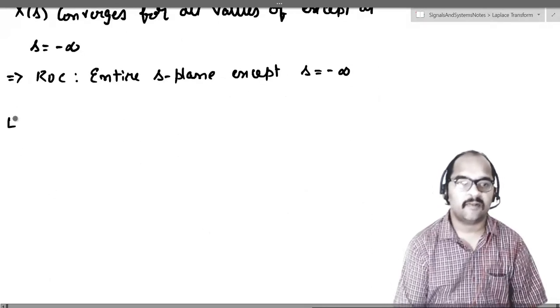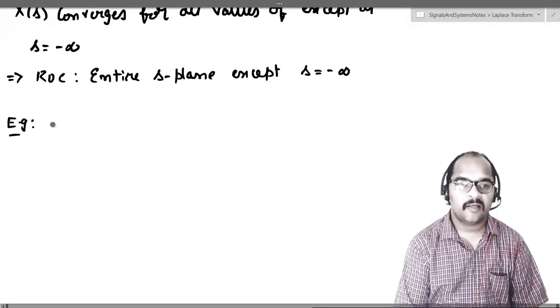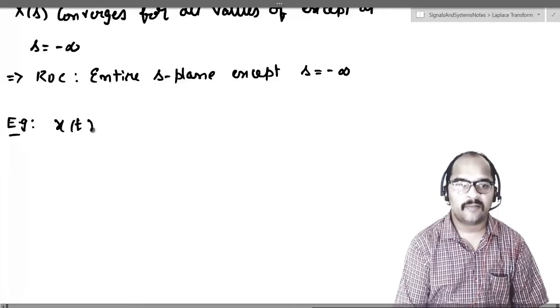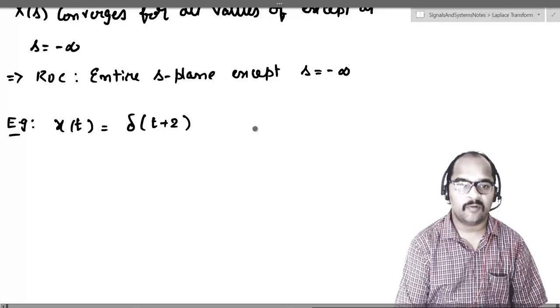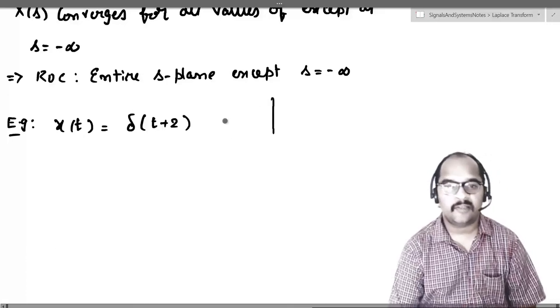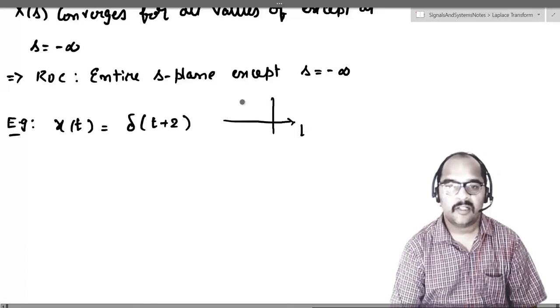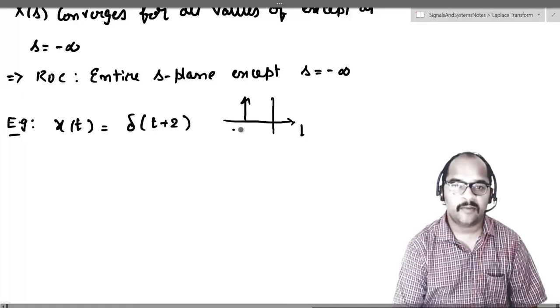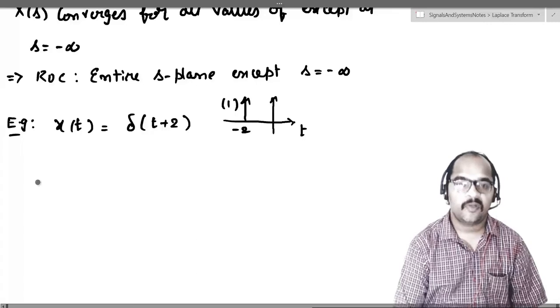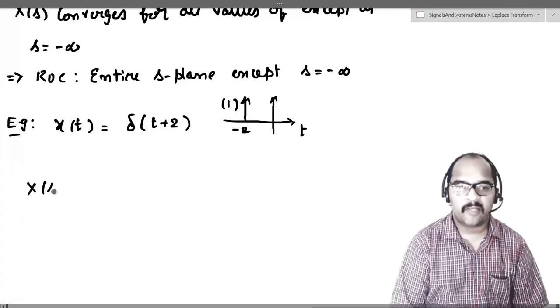Now let us take one more example. Now let us take x of t to be equal to delta of t plus 2. Now what will happen? This is a Dirac delta function shifted to the left by 2 units, correct? So this will exist at minus 2. So what will be our x of s?